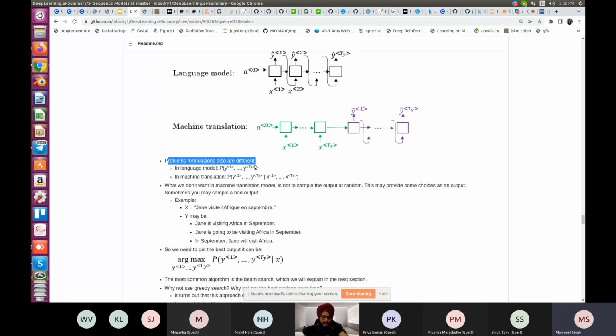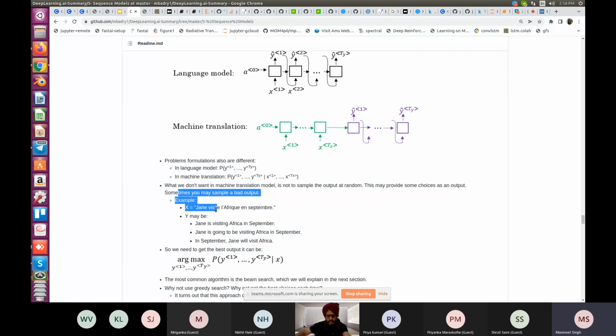In the language model, you have the probability of y1, y2, and so on, that is what you have to find out. Whereas in machine translation you have to find out the probability of the entire target sequence y given an input sequence. So what we don't want in a machine translation model is to sample the output at random. Sometimes you may sample a bad output.